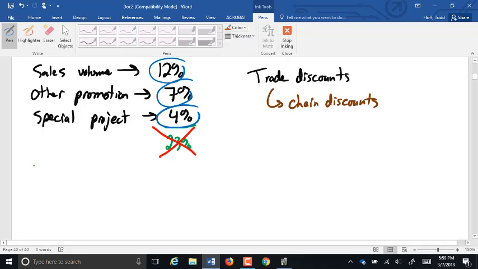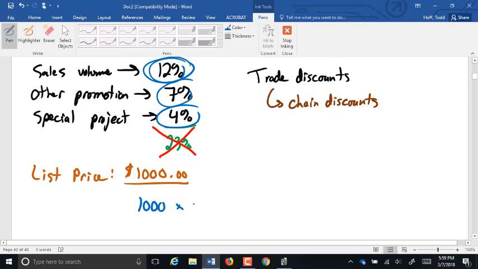For example, let's say that there's items here with a list price, let's make this simple on ourselves, of $1,000. The way this would work is you apply the 12% discount first. So it's 1,000 times what? Not 0.12, but 0.88. That's the net price rate, remember. That's $880 is what the net price would be after that first trade discount.